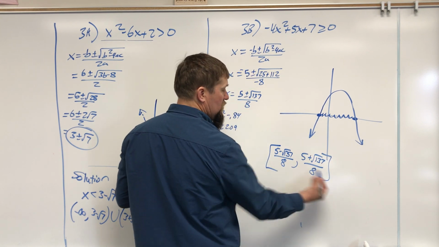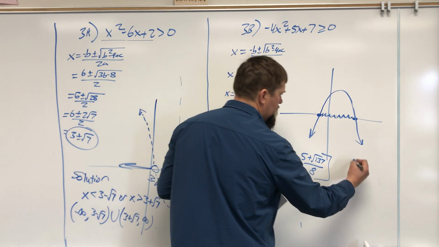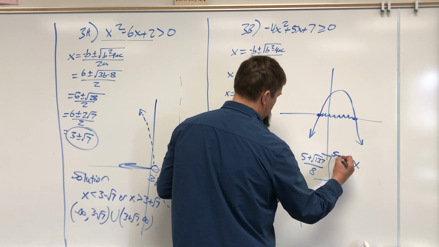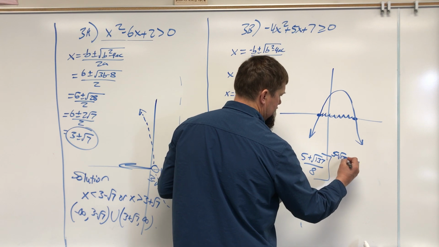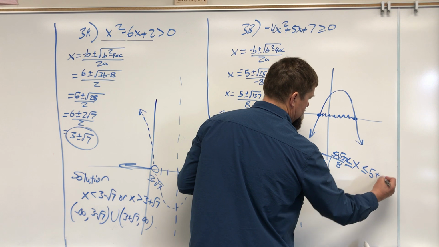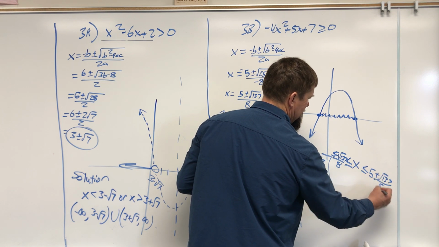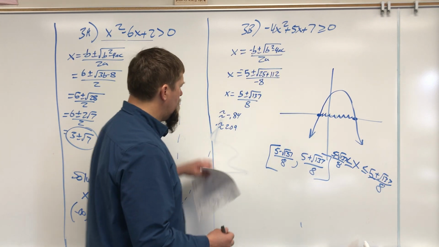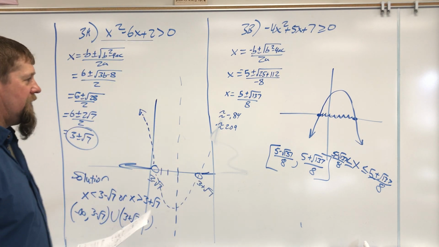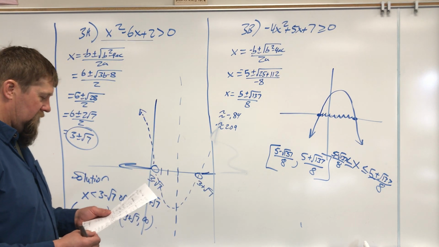It's everything in between those. Or again, you could write it as x is greater than or equal to 5 minus the square root of 137 all over 8, and less than or equal to 5 plus the square root of 137 over 8. Or you could use the decimals, but you should know how to write it in simplified radical form if possible.